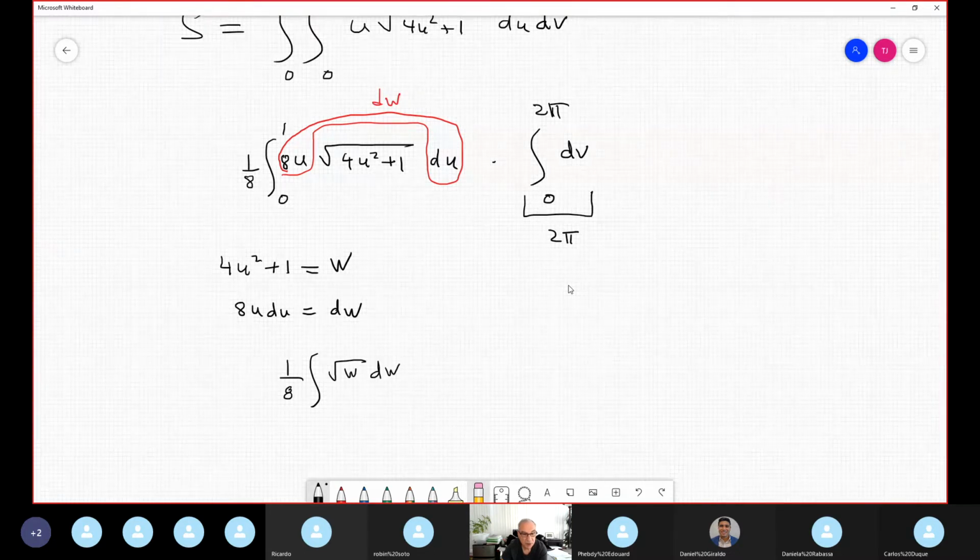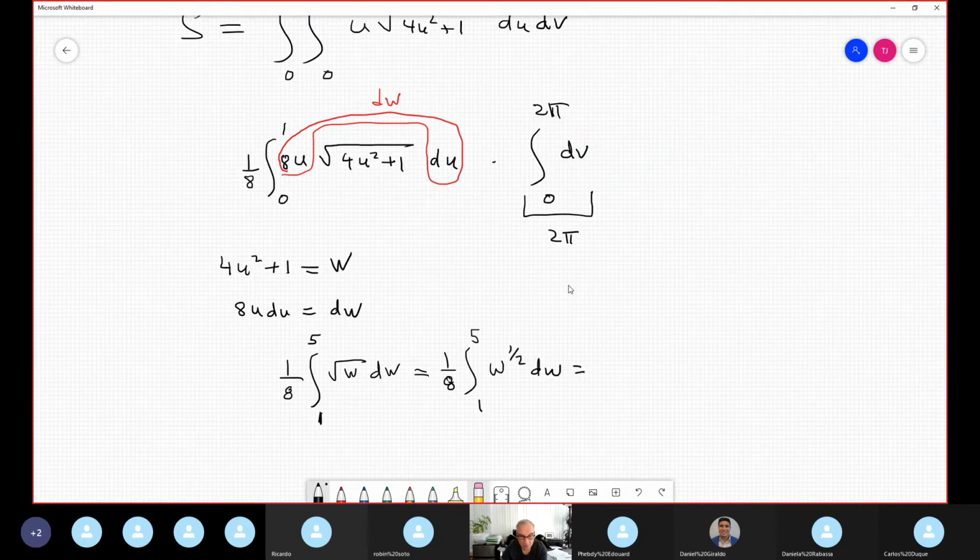Wow, easy. And what about the limits? Well, the limits, wait a second. The limit is from 0, plugging in 0 here, and u is 1. So 0 corresponds with 1, and 1 corresponds with 5, I suppose. So, much better: 1 over 8 times the integral from 1 to 5 of w to the 1 half dw.